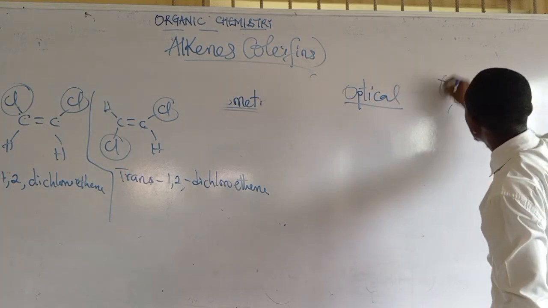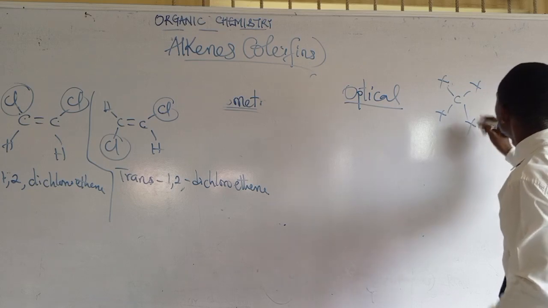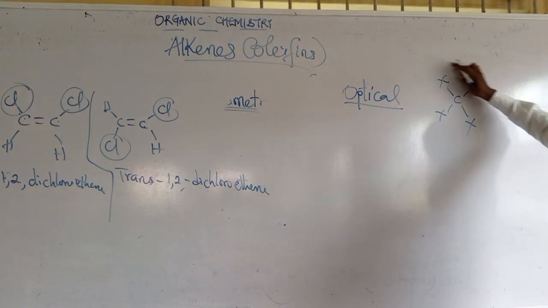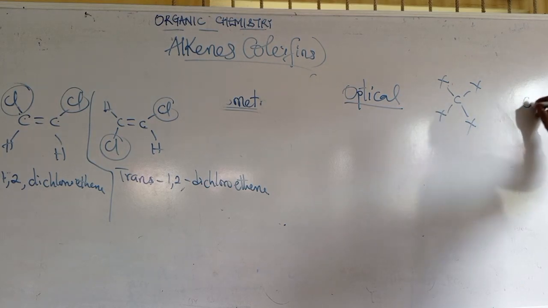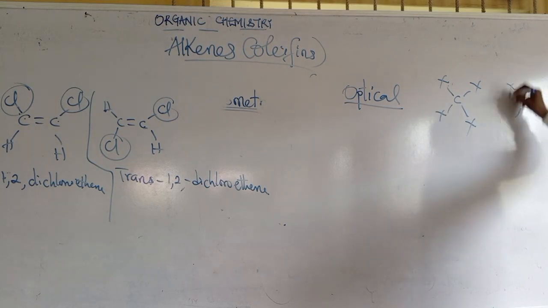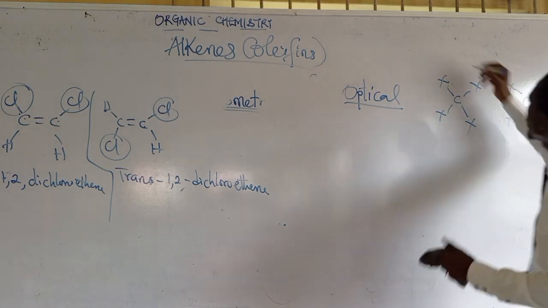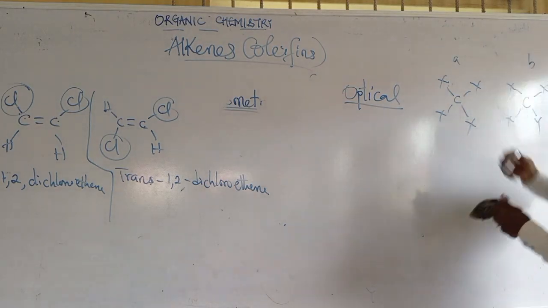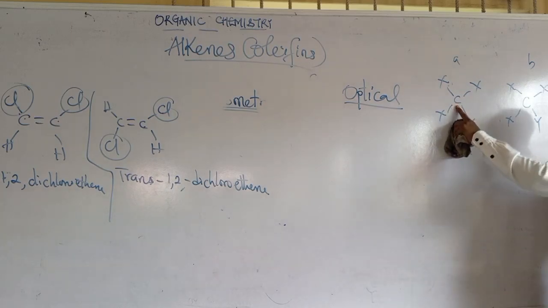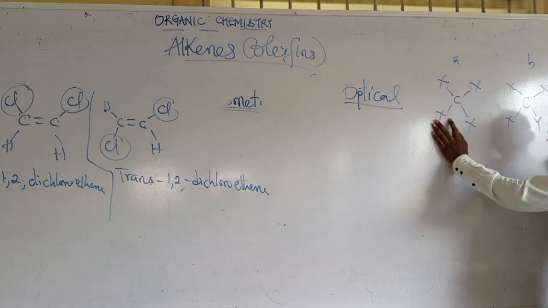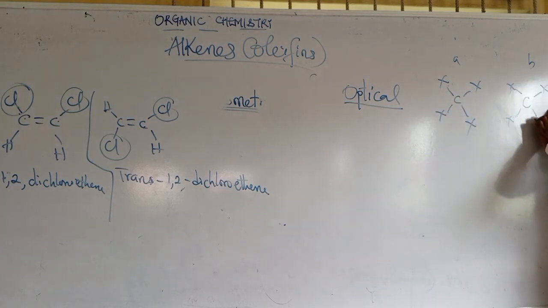Let's say here we have carbon bonded to X, X, X, X. These are 4 groups bonded to carbon, and they are the same. While here we have carbon bonded to X, X, X, Y. So in this case, let me call it A, and this is B. Carbon A is not a chiral carbon because the 4 groups attached to it are the same. But carbon B is a chiral carbon because the 4 groups are not the same.